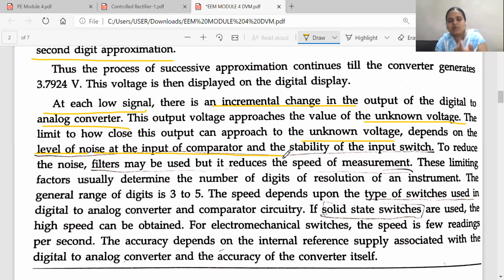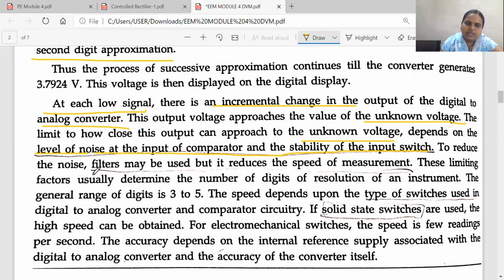If noise is less, we can expect the exact value of the unknown voltage. It also depends on the stability of the input switch.